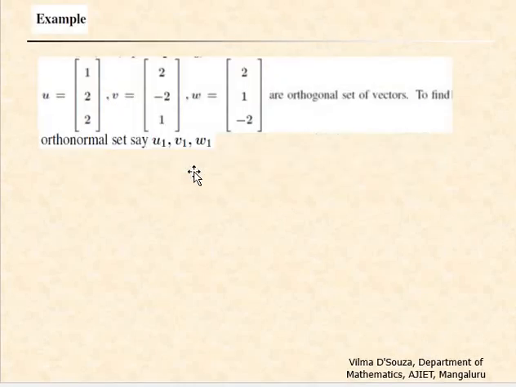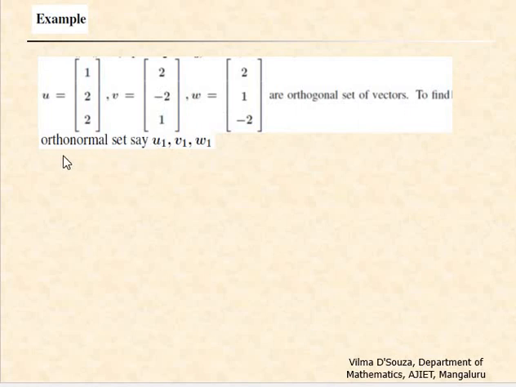Let us take up one more example. It is given that u is equal to 1, 2, 2, v is equal to 2, minus 2, 1, w is equal to 2, 1, minus 2 are an orthogonal set of vectors. These three vectors are orthogonal to each other.